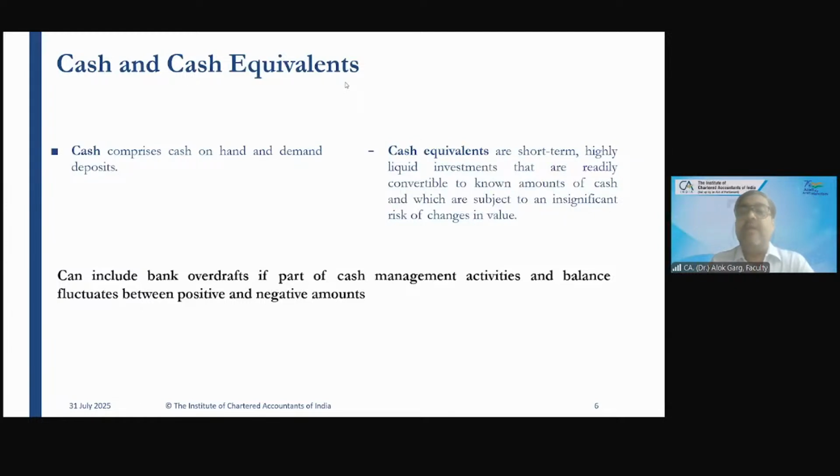Second example, the company has invested in a fixed deposit of State Bank of India for 2.5 months, for 75 days.